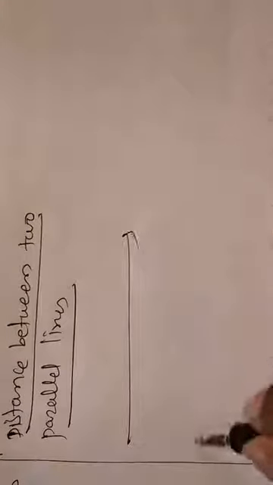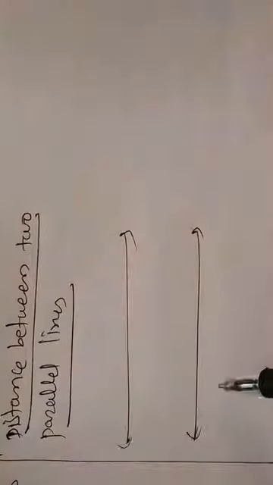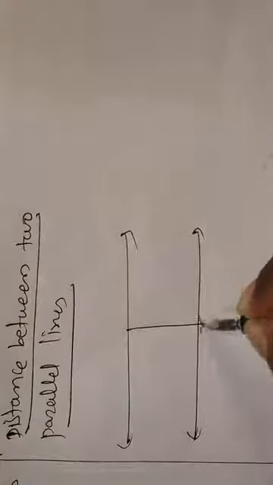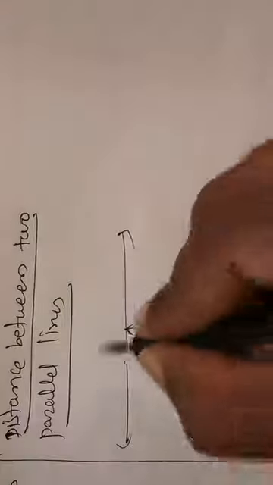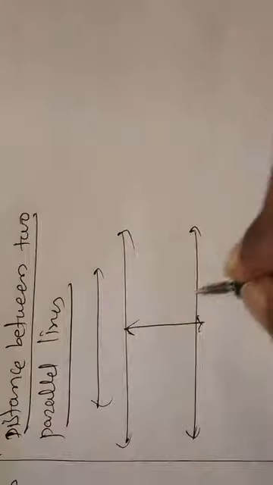Now, what is the distance between two parallel lines? If the first line and second line are parallel, there are not two parallel vectors; one parallel vector is common to both.